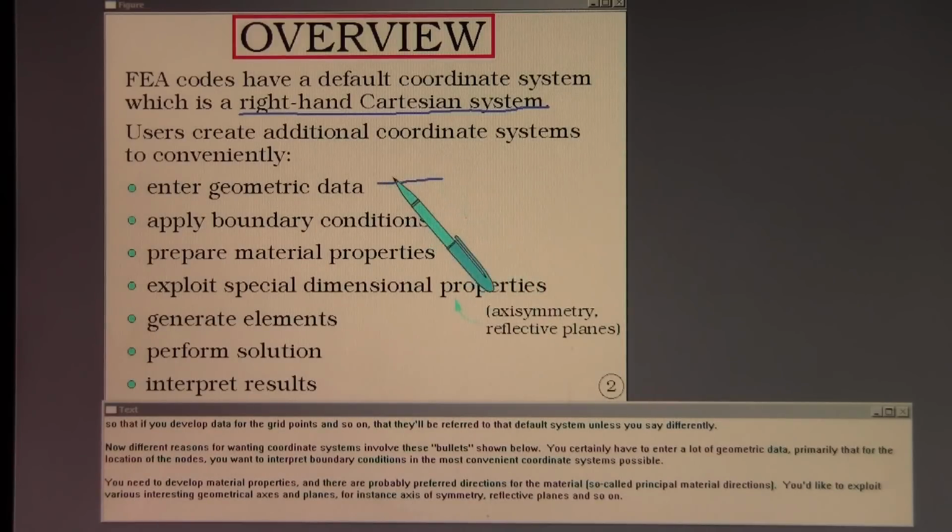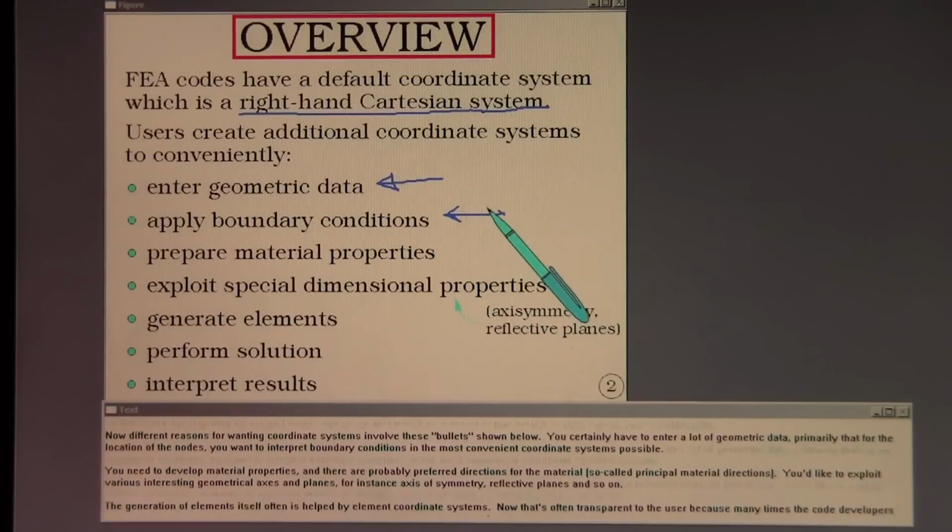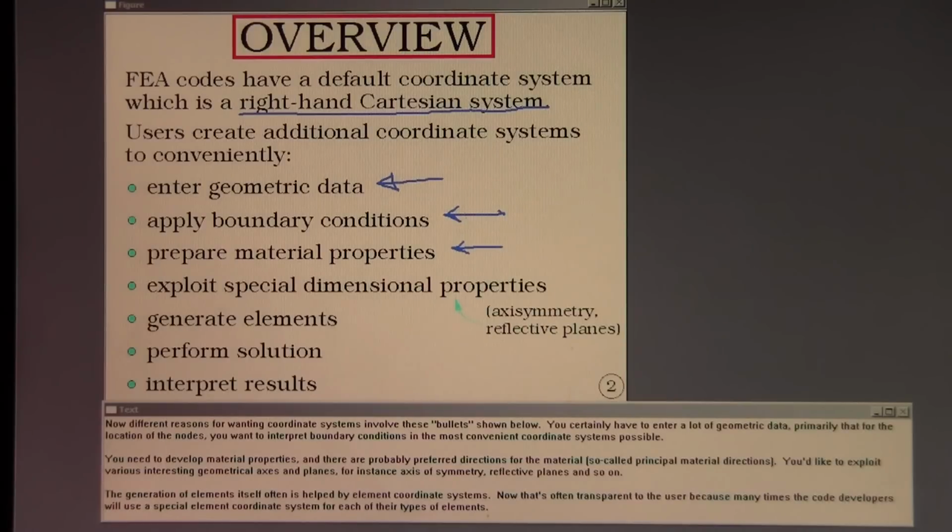You certainly have to enter a lot of geometric data, primarily that for the location of the nodes. You want to interpret boundary conditions in the most convenient coordinate systems possible. You need to develop material properties, and there are probably preferred directions for the materials, so-called principal material directions.